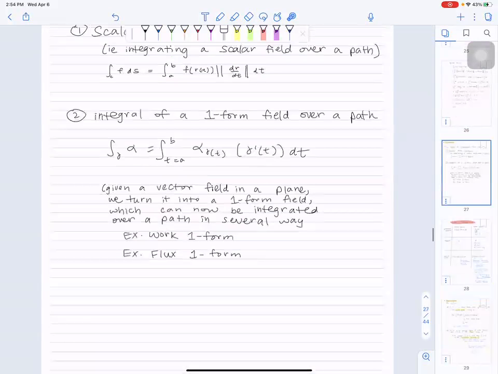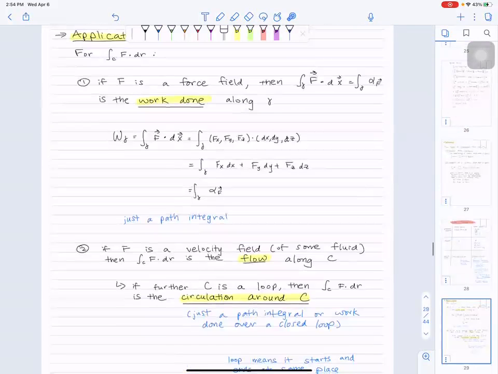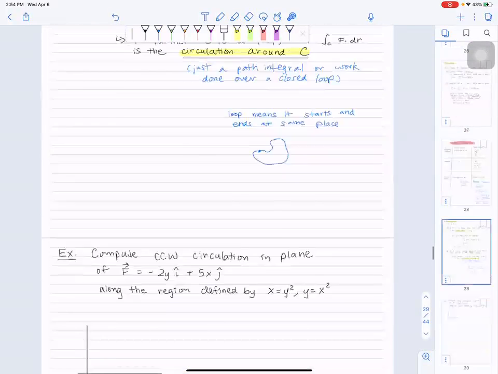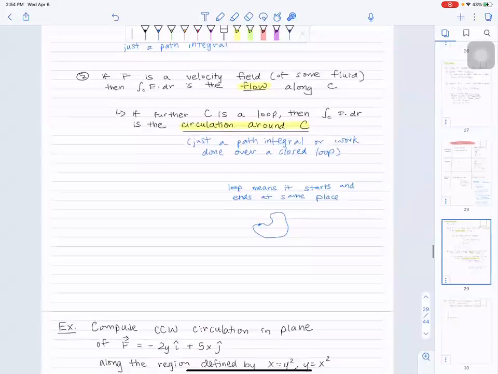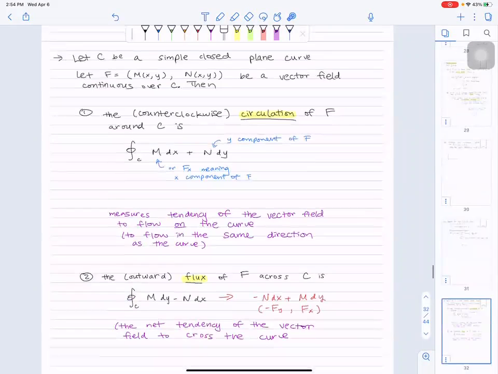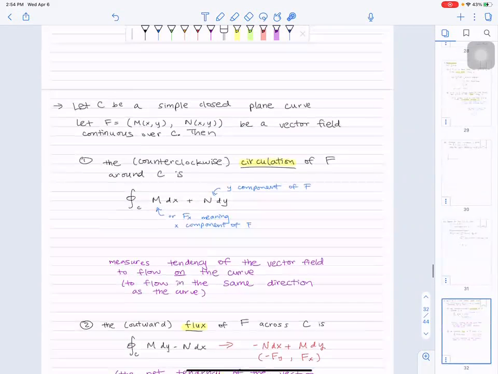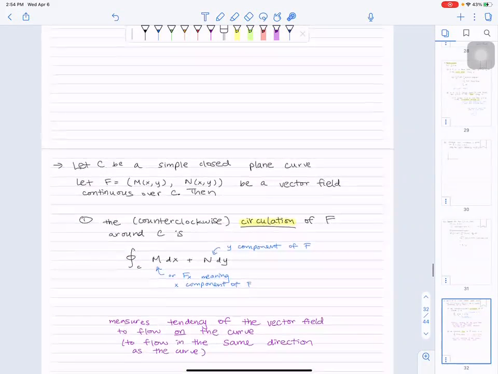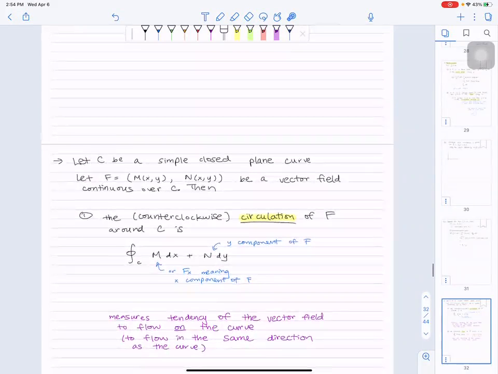Is circulation just another version of flux? I think circulation is different from flux. It's the same thing as work, written in the M dx plus N dy form, which is how it's written.